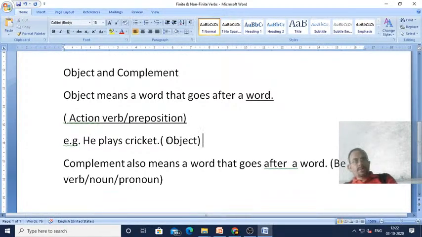Why is it object? Because it goes after a verb, an action verb. This is an action verb.